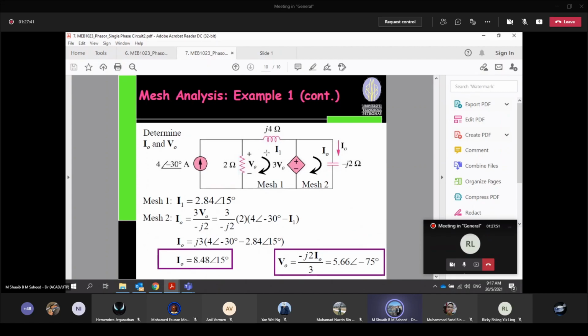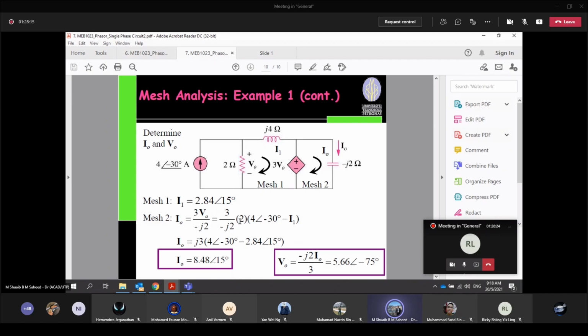So for mesh 1, my I1 is 2.84 at 15 degrees. So my I0, you have to do the mesh analysis over here: negative 3V0 plus I0 multiplied by negative j2. These are very simple equations, so you can rearrange as this: I0 equals 3V0 over negative j2.